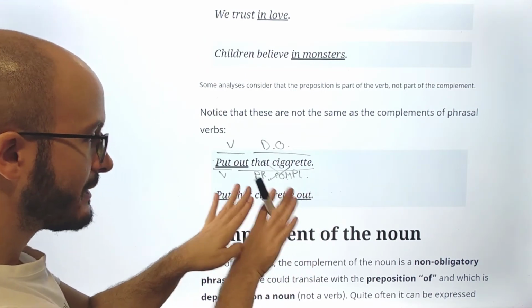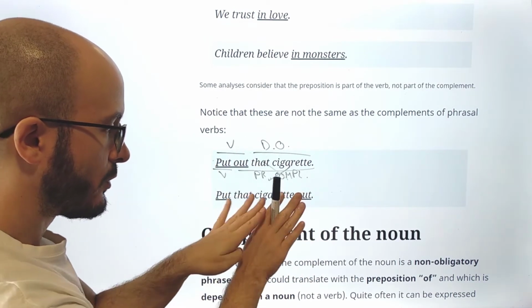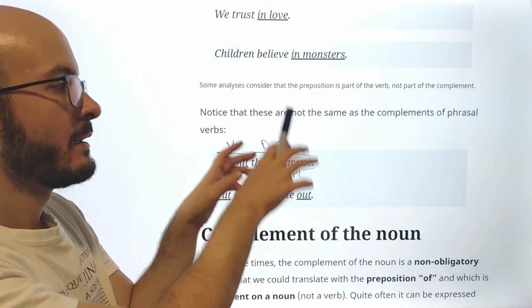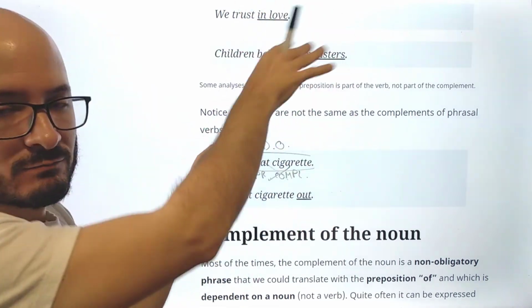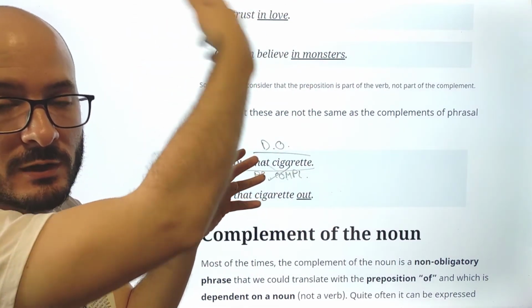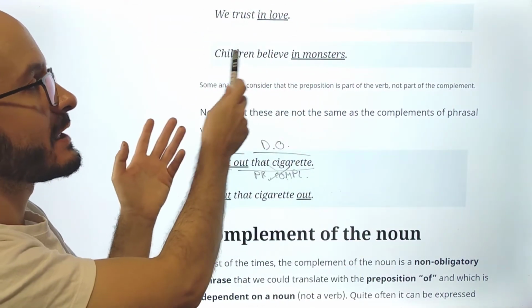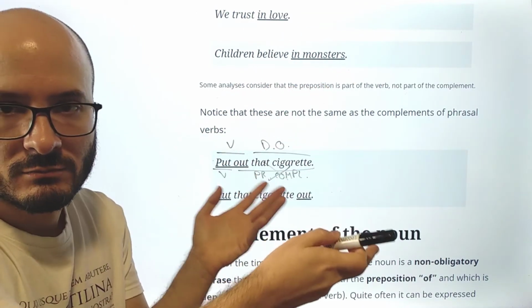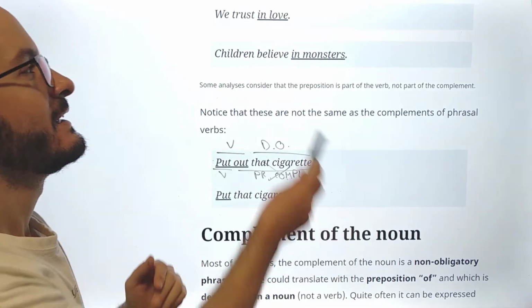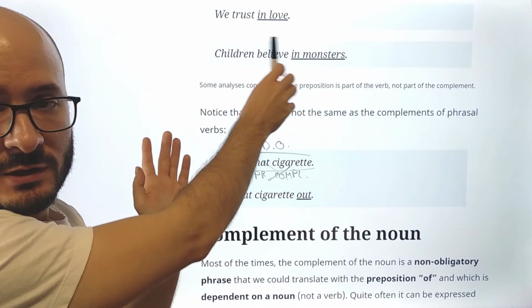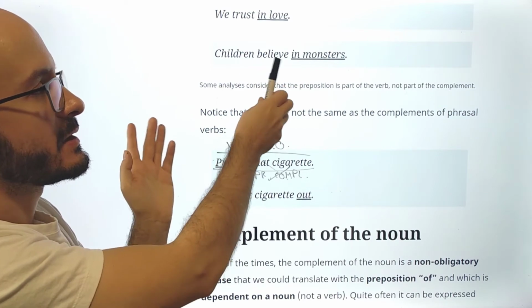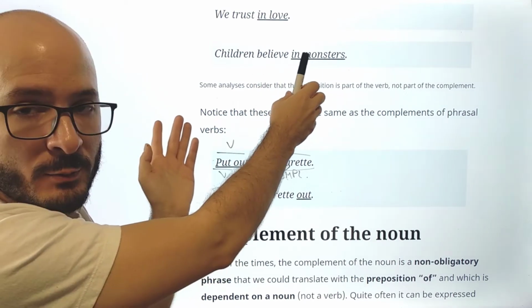If we can use it together or separated, that means this is a phrasal verb. And in that case, we don't consider these prepositional complements. Now, notice that here we couldn't say children believe monsters in. It doesn't make sense. So this is just a normal verb with a prepositional complement.